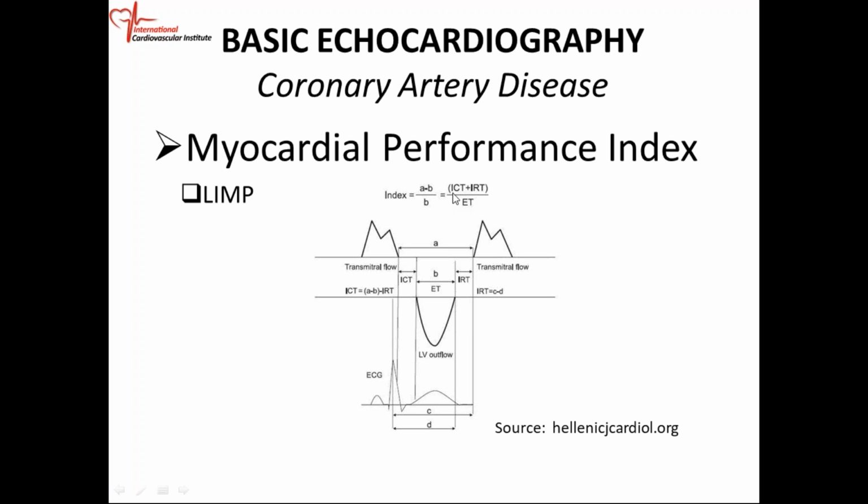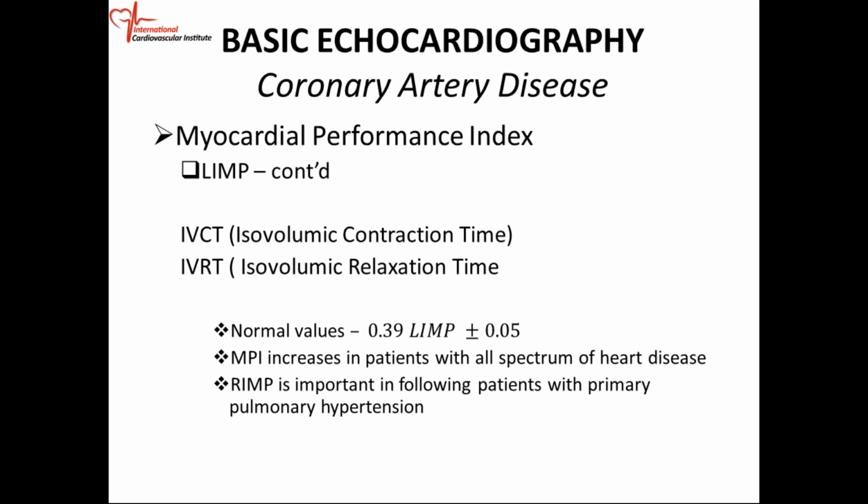And that is LIMP, left ventricular index of myocardial performance. It gives you an overall evaluation of myocardial function, both systolic and diastolic. The normal value is about 0.39 plus or minus 0.05.